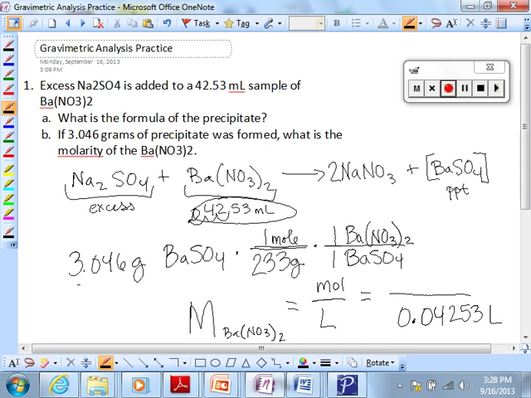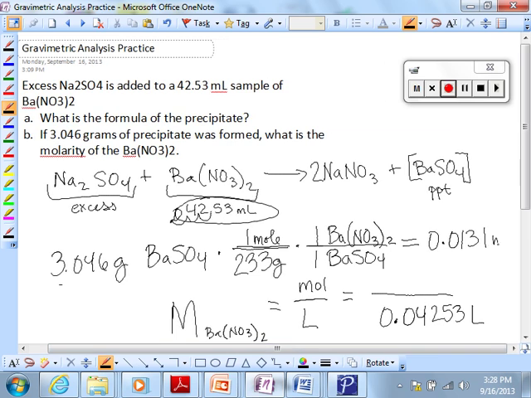So I have 1 mole over molar mass, goal over given. Now I'm going to do the math. I'm stopping at moles again because I'm looking for the molarity. So 3.046 divided by 233 times 1 divided by 1 is 0.0131366 moles of barium nitrate.